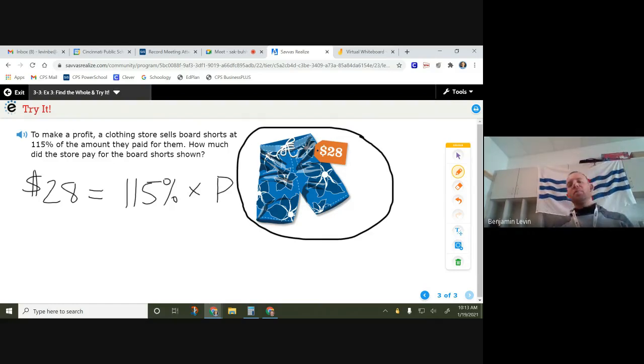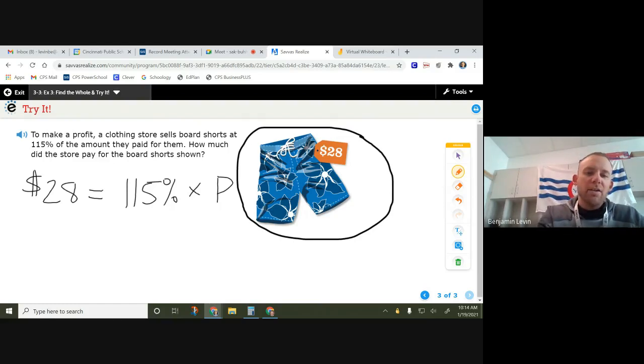What was the price they paid for them? Maybe, what's a brand of surfing stuff? Hurley. Okay, maybe they called Hurley and said, we want to order 20 pairs of shorts and we're going to sell them in our store, right? So give us 20 pairs of swim trunks and ship them to our store. How much do we owe you?